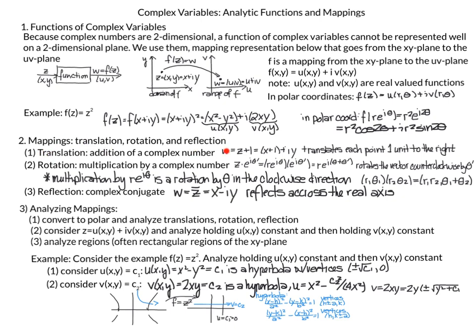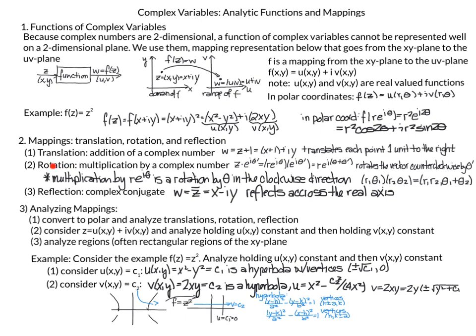For example, if z is a complex number and we add 1, which is equal to 1 plus i times 0, then 1 gets added to the real portion, nothing gets added to the y. So this corresponds to translating each point 1 unit to the right. Similarly, if we added i, that would translate your vector 1 unit up along the y-axis.